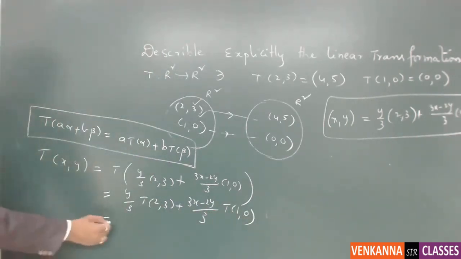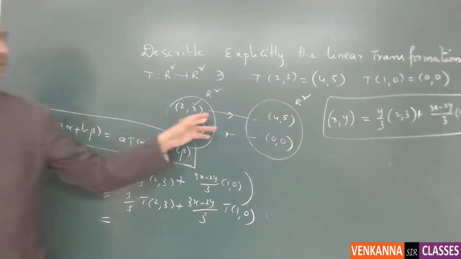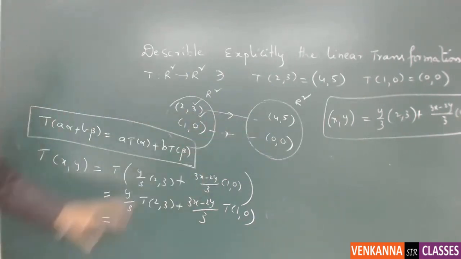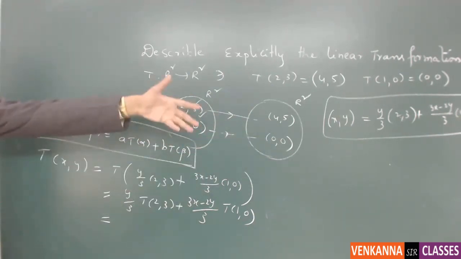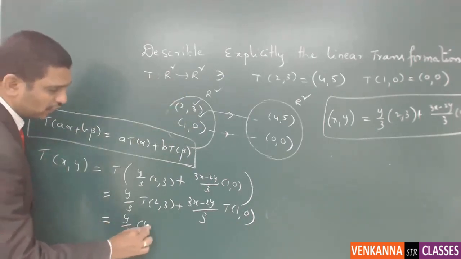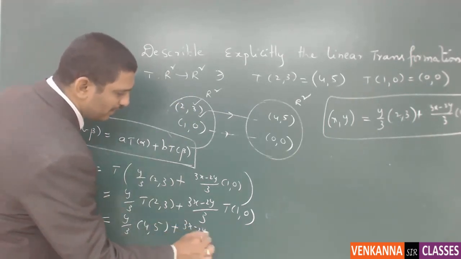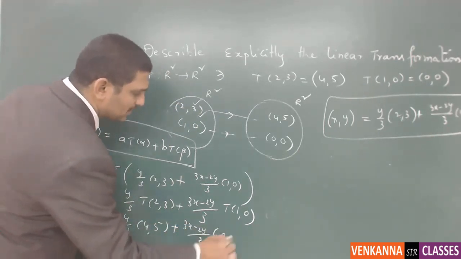Now please understand that our required T should transform the vectors like this. So from the given images under the problem, I write it as y by 3 into (4, 5) plus (3x minus 2y) by 3 into (0, 0).